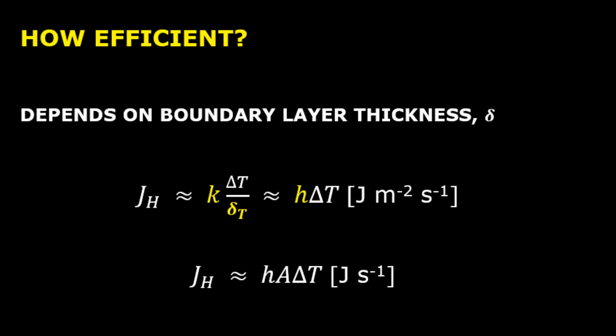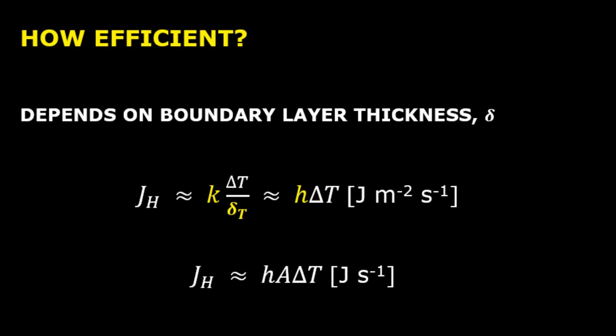In this regard, we can estimate the heat flux in joules per meter square and second between the surface and the fluid, as long as we know the value of such thickness, delta T.